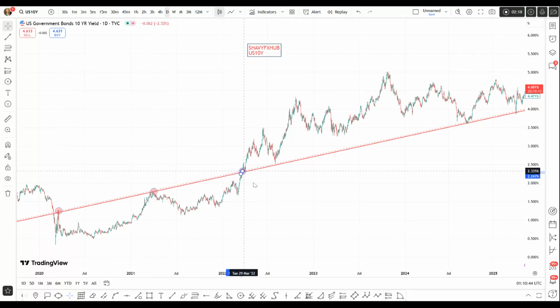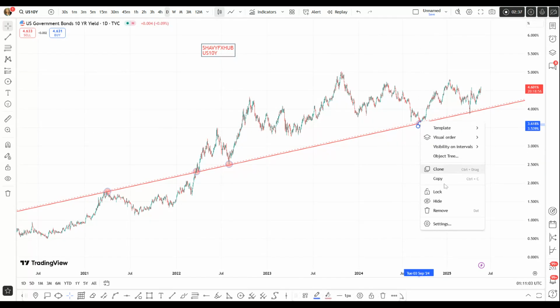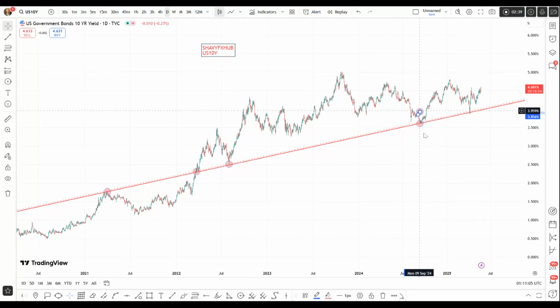And we have a breakout structure followed by a retest and another retest on the ascending trend line, and the same price return again. Trading is very simple, but you need to be very patient.